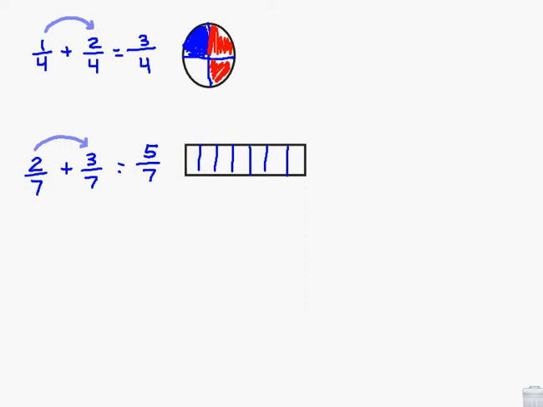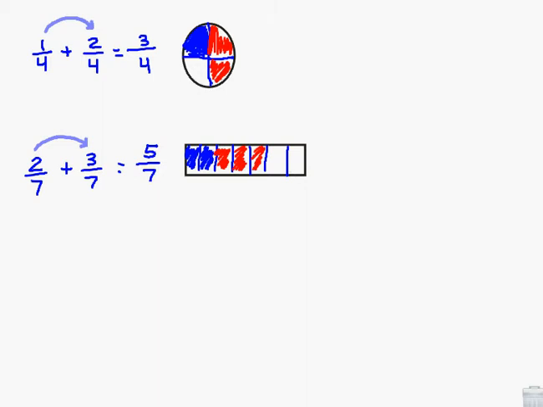Yes. And if I did 2/7 plus 3/7, 1, 2, 3, all together that equals 5/7. 1, 2, 3, 4, 5 out of a possible 7 pieces. That's 5/7.